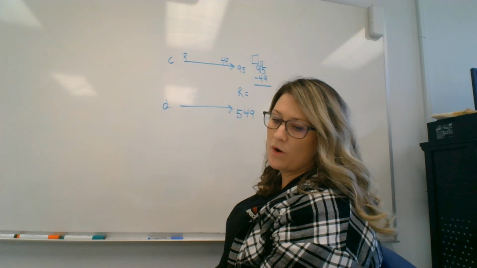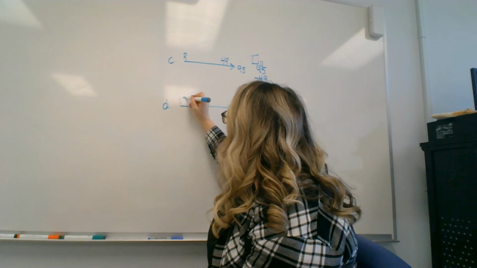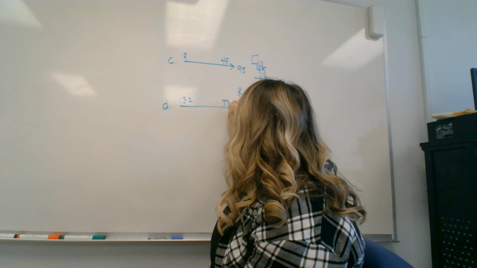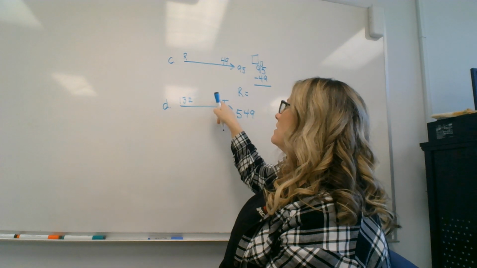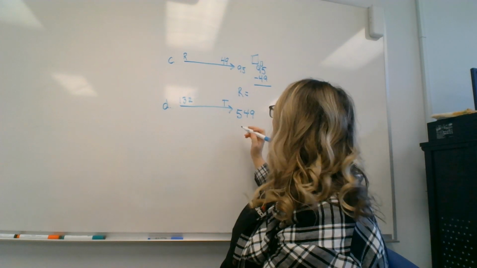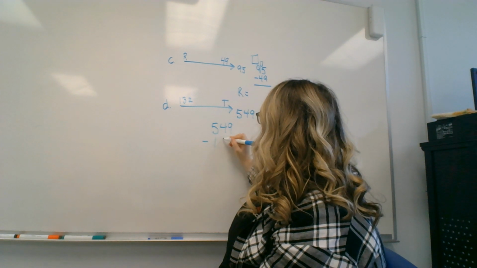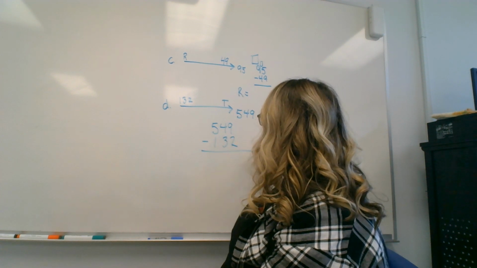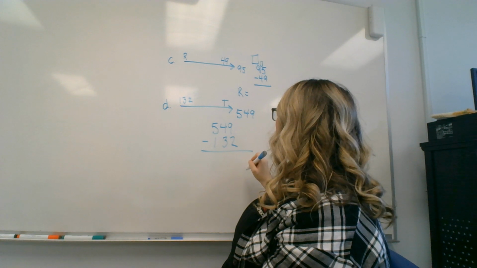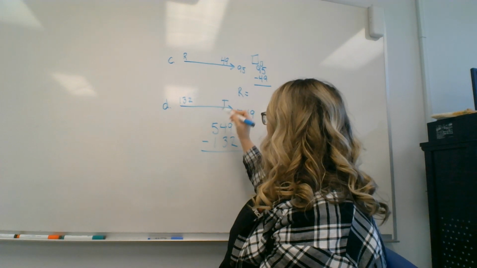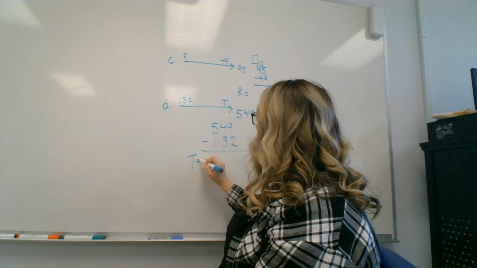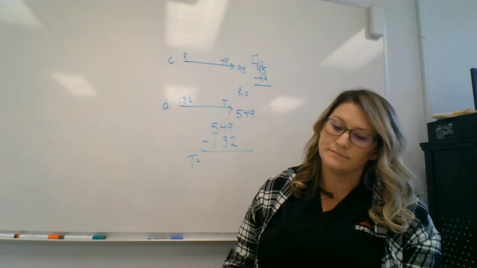The small numbers are 132 and T. Okay, I'm missing a small number, so I am going to subtract 549 minus 132. I don't have to borrow here. Go ahead and solve that for T, and then plug it in on your line.